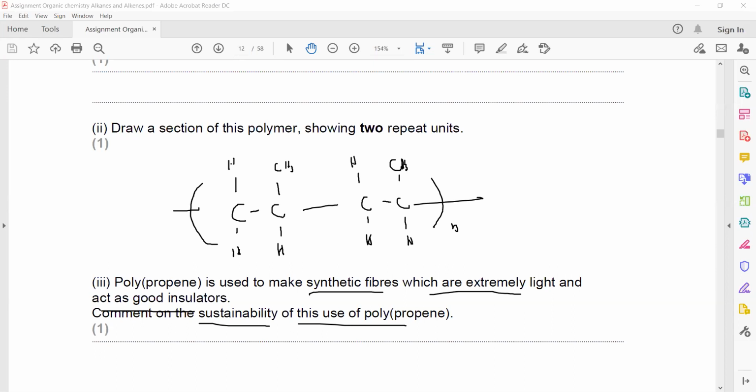If something is recycled or biodegradable, it means it is sustainable. But in this case, if we run out of crude oil, we cannot prepare polypropene again. So not sustainable, as polypropene is not made from a renewable resource.